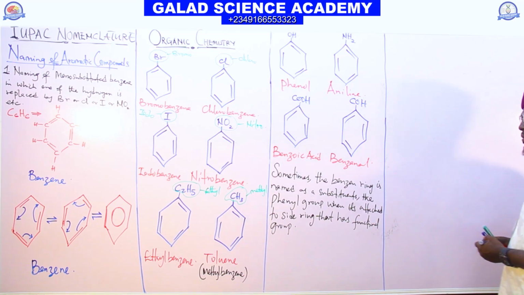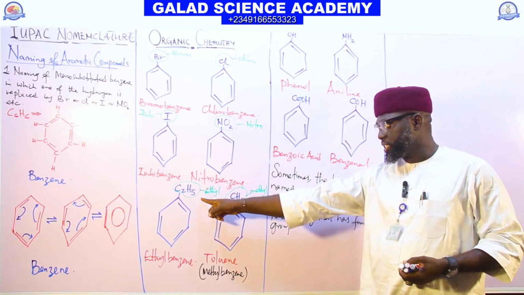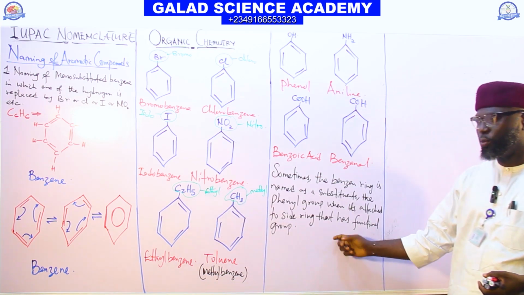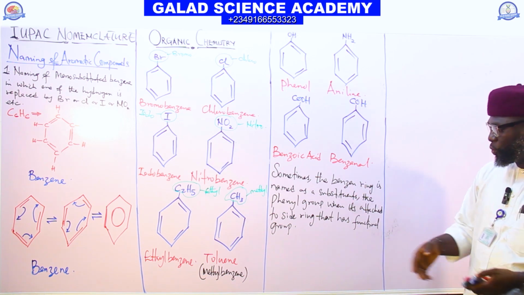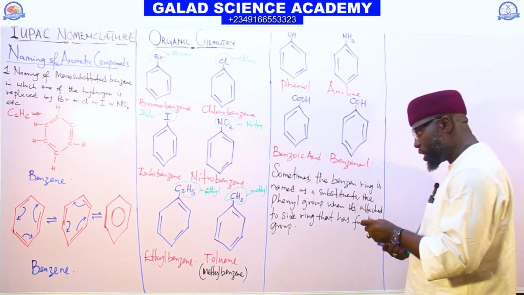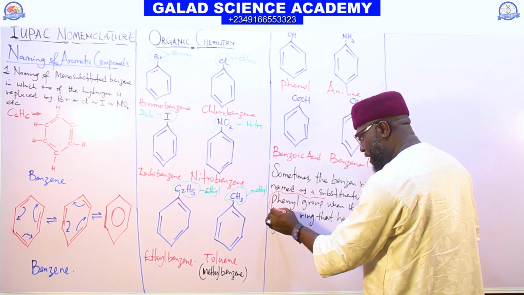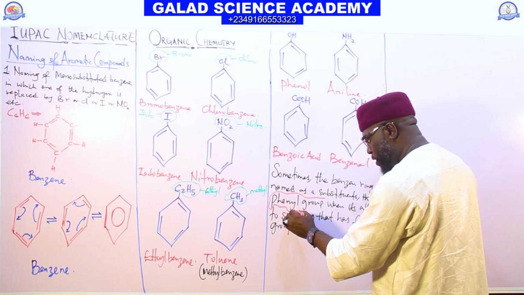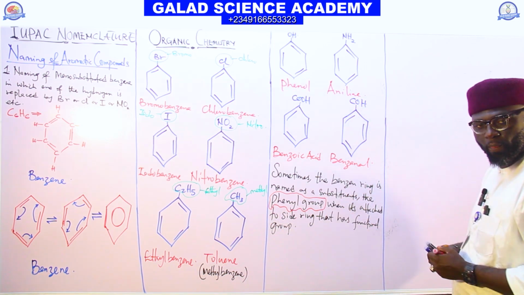Please note this fact. When the side chain has a functional group, the benzene, we name it as phenyl. We name the benzene as a phenyl group.